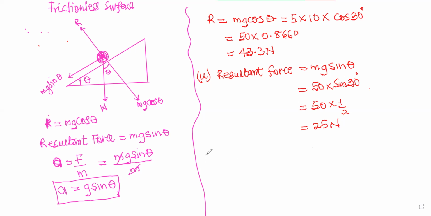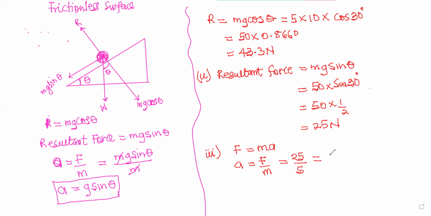And then the last question, the acceleration of the body down the plane. Okay, so acceleration is directly proportional to the resultant force. So using Newton's second law, F is equal to ma, and if F is 25, then a is equal to F over m, which is 25 on 5.